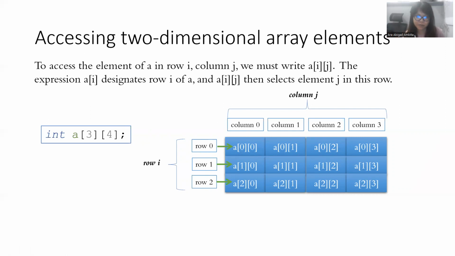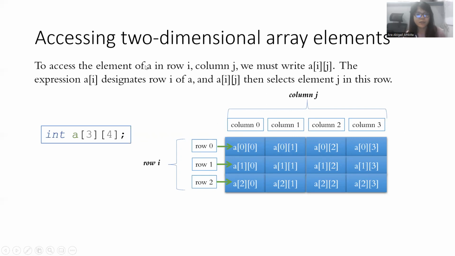In order for us to access an element of a multidimensional array, we refer to the index or subscript of the row as well as the column.